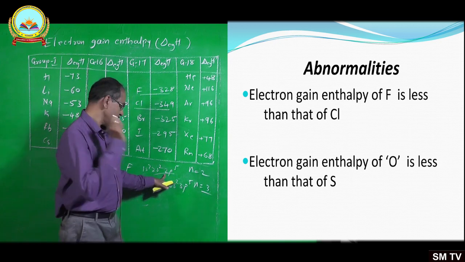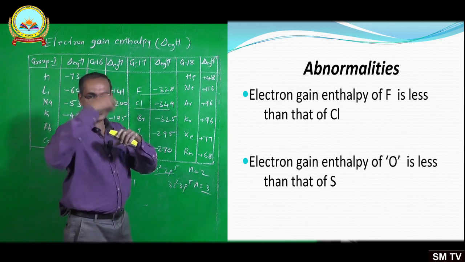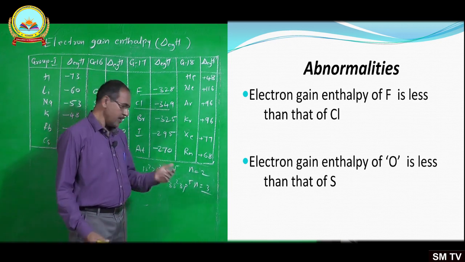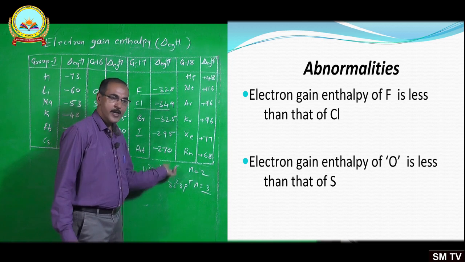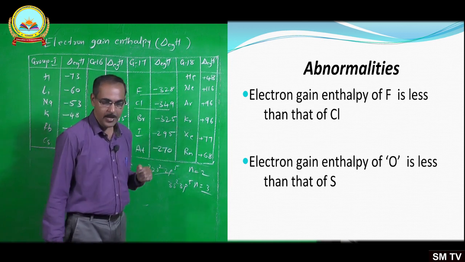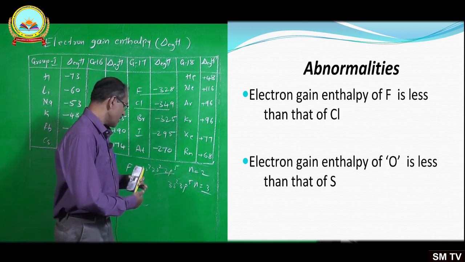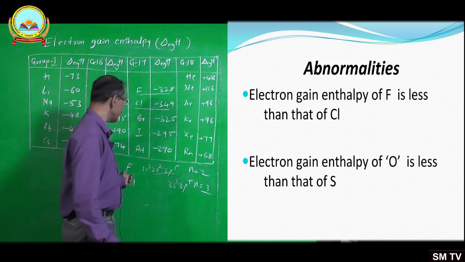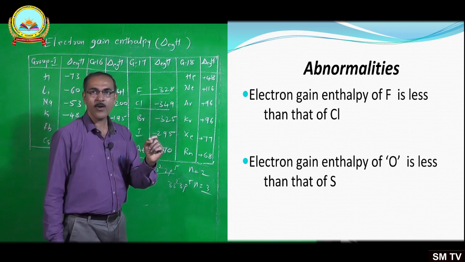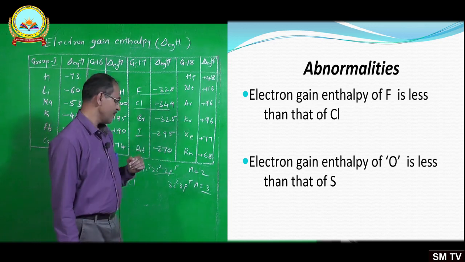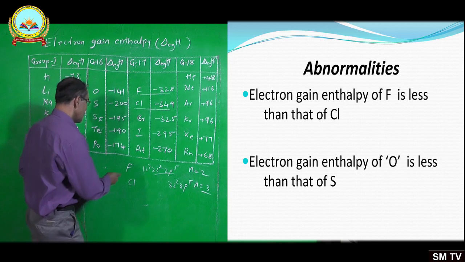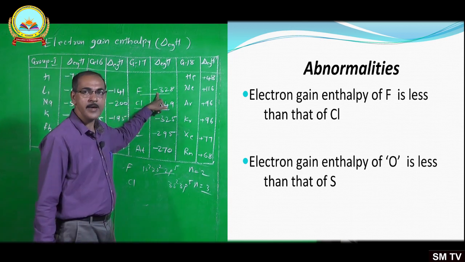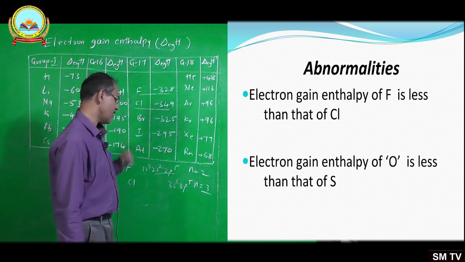So there is a force of attraction between the nucleus and the incoming electron, and repulsion between the electrons already present in the atom and the incoming electron. The repulsion is greater due to the smaller size of fluorine, thereby it has a low negative electron gain enthalpy.